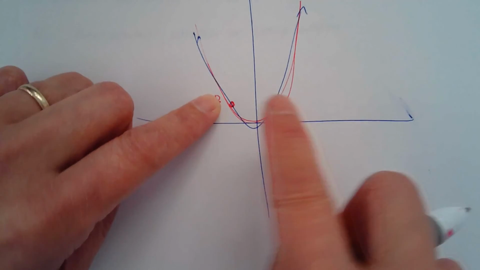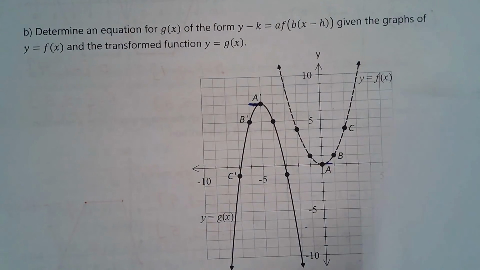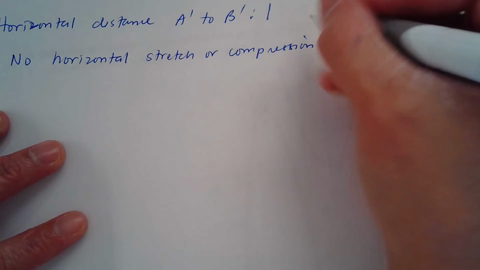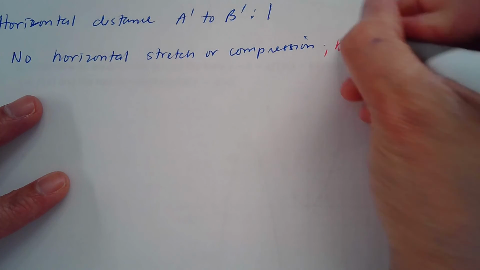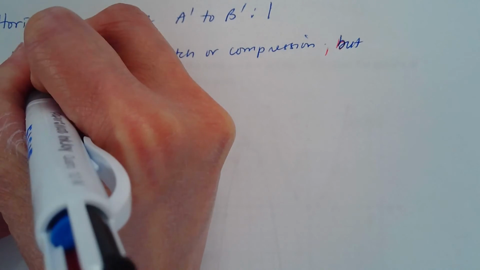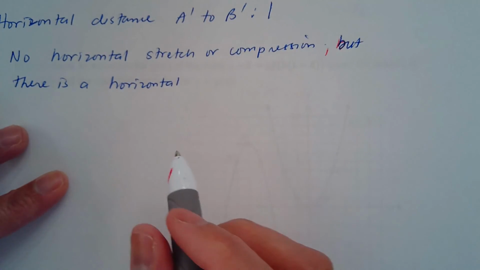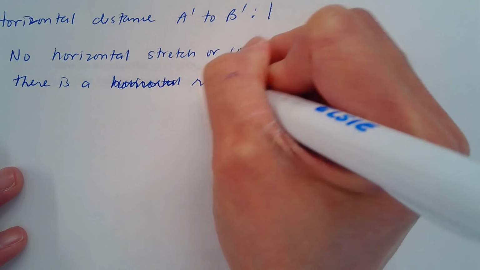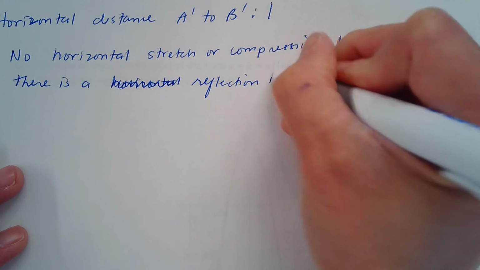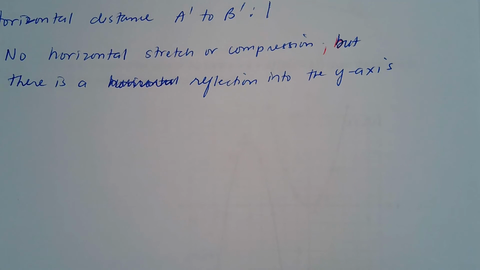So there's a reflection in the y-axis. Okay, where's my paper? Oops, wrong color. There is a reflection in the y-axis. Okay.